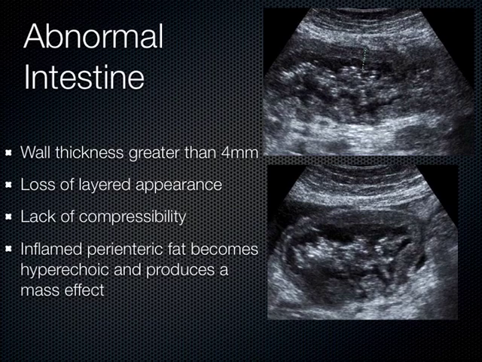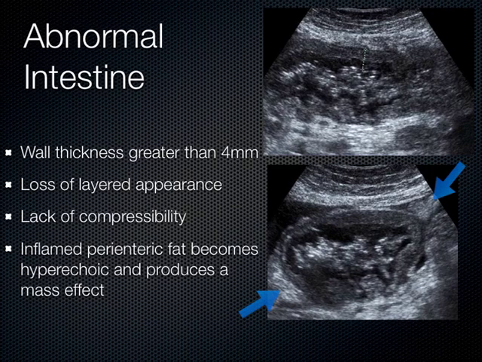We had the loss of that layered appearance. It's kind of hanging out by itself. It's no longer compressible. That's another thing. Normal intestine should be nicely compressible. And if you look around the edges of this, stuff that's inflamed always appears hyperechoic, very bright. And we can see around the edges of the structure here, it's got these hyperechoic areas.